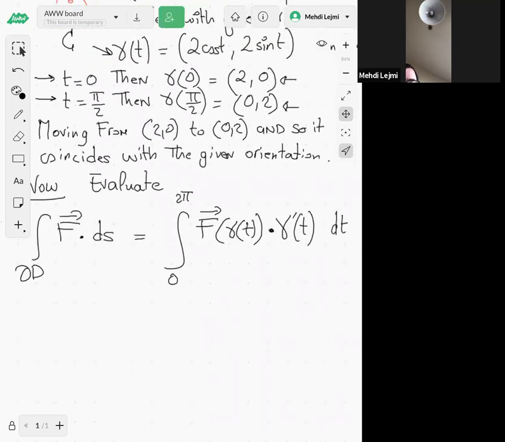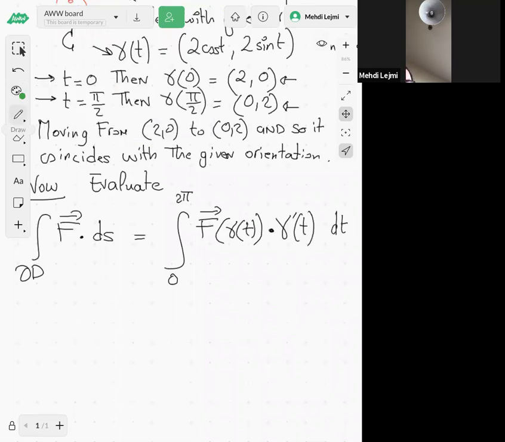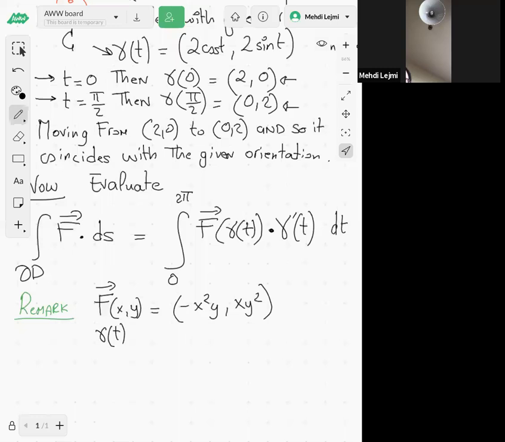So what's f of gamma of t? Well, remark here: the vector field f is minus x squared y, x y squared. And gamma of t is 2 cosine of t, 2 sine of t.